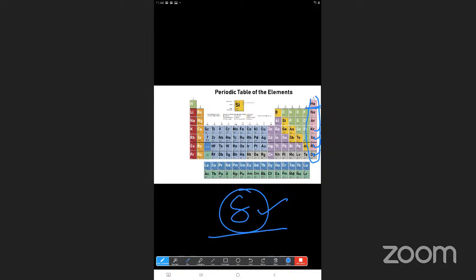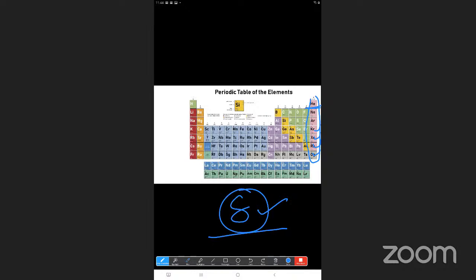From the starting onwards, I am saying that 1A group elements, 2A group elements, up to the 7A group elements, all these elements are sharing electrons, losing electrons, or gaining electrons to get 8 electrons in the valency shell.